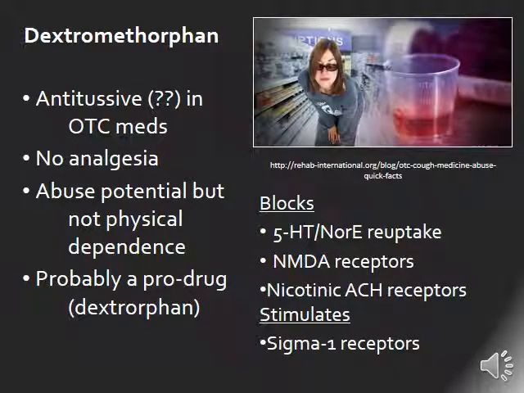In the opiate lectures, I introduced dextromethorphan as an atypical agent. Despite reports such as the one that we reviewed in the previous slide, dextromethorphan, as of September 10th, 2010, is not scheduled by the Drug Enforcement Agency.